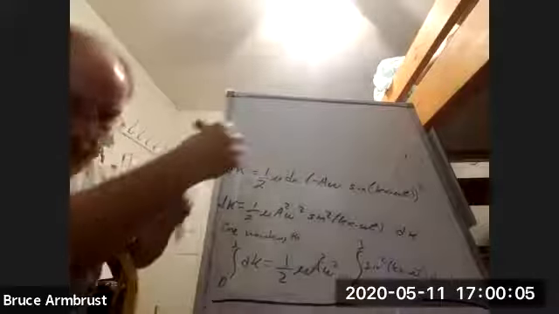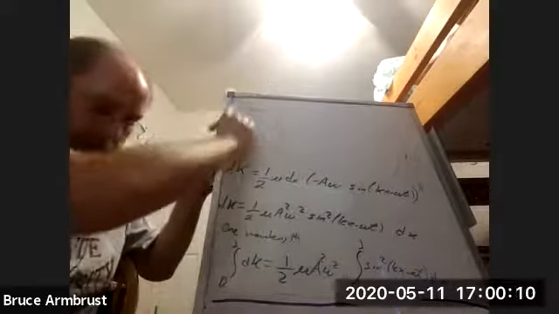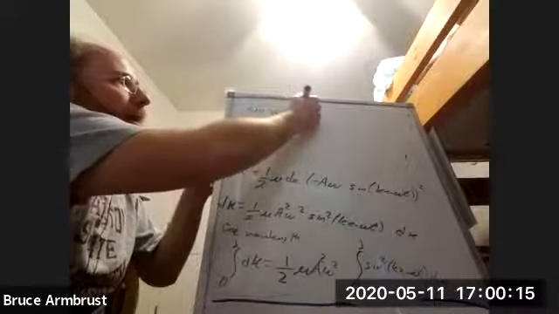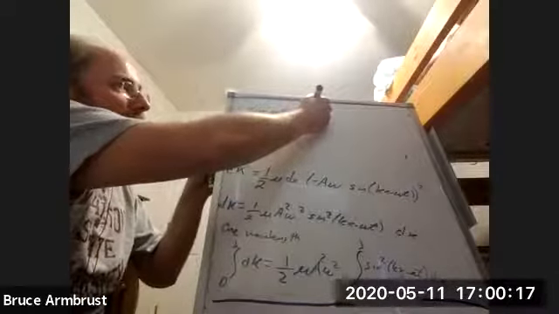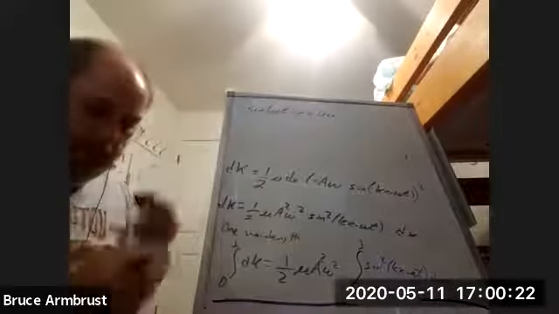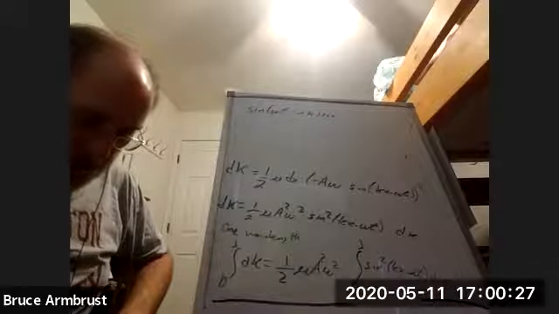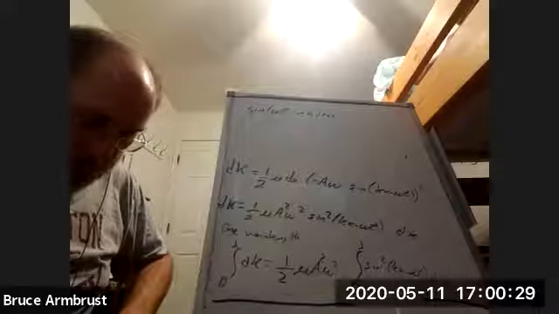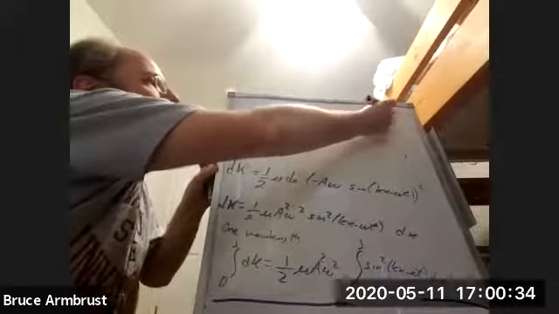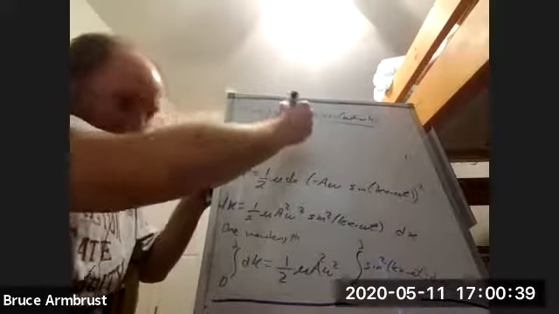All right, so we end up getting sine of omega t minus lambda k times the cosine of omega t minus lambda k. And that's all over 2k.